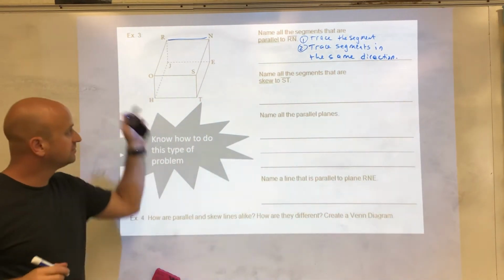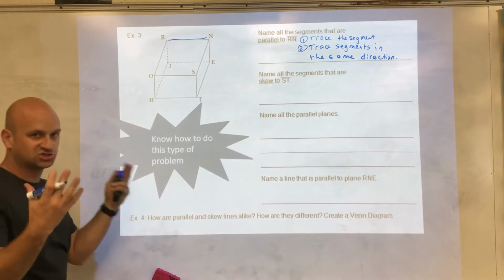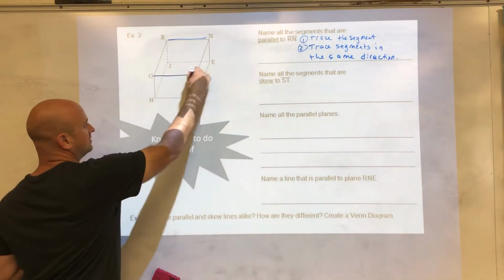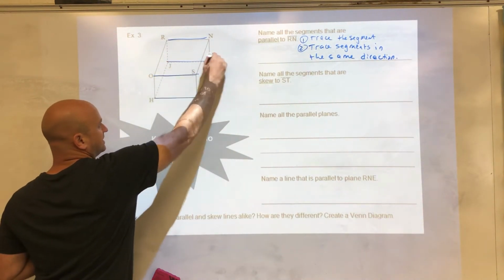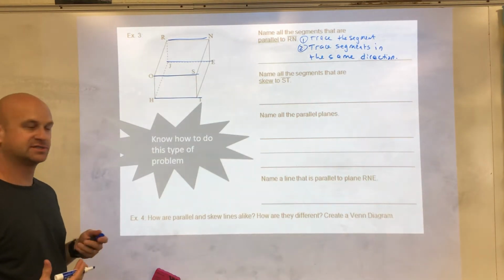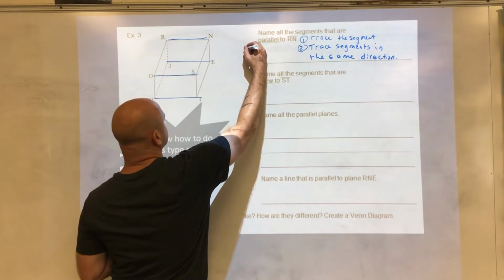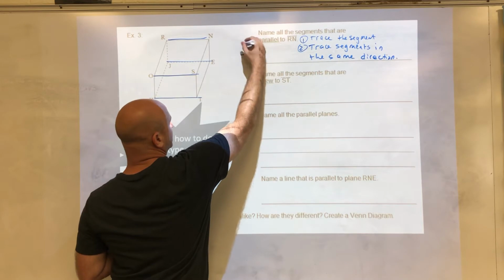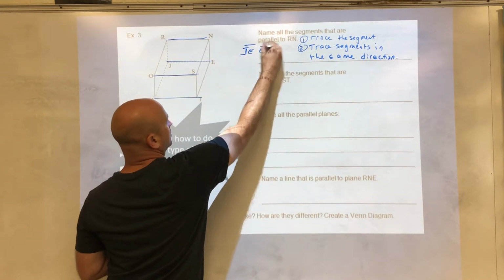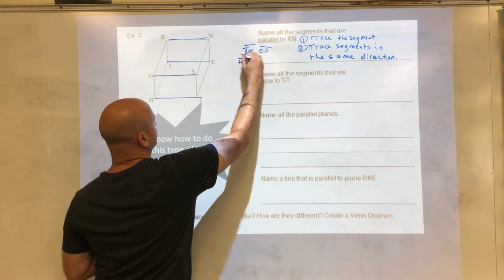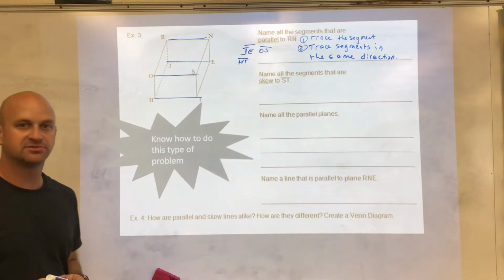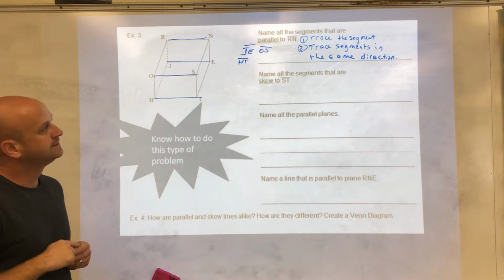Okay, so in this example, RN is going left and right. We want to trace any segment going left and right. So in this case, these are going to be the three other parallel segments. And so our answer to this would be JE, OS, HT. Those would be your three answers for that particular one.